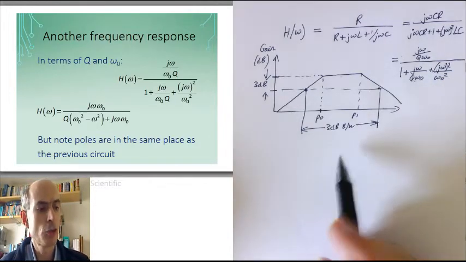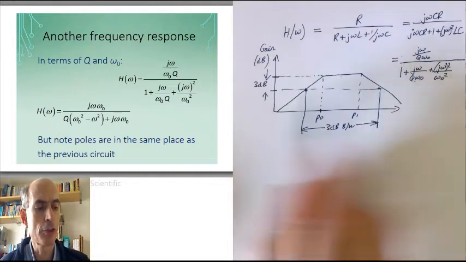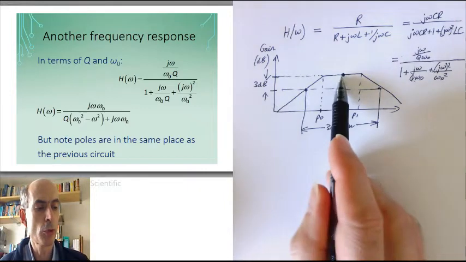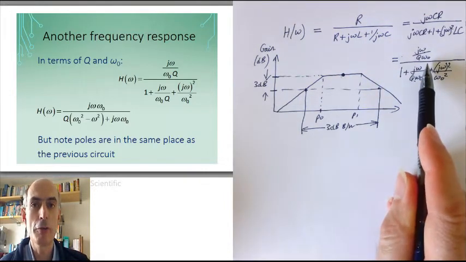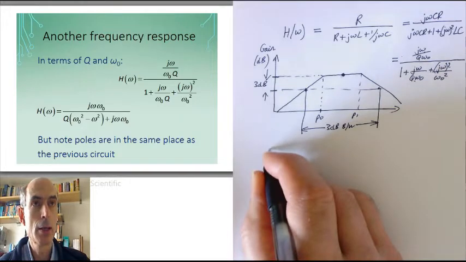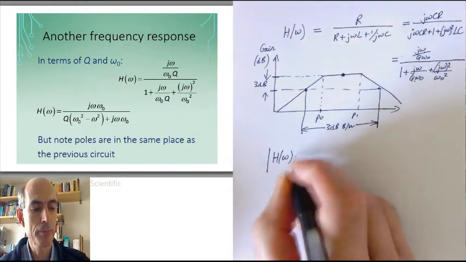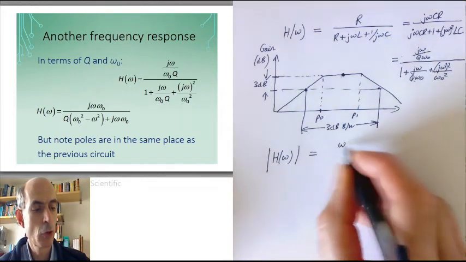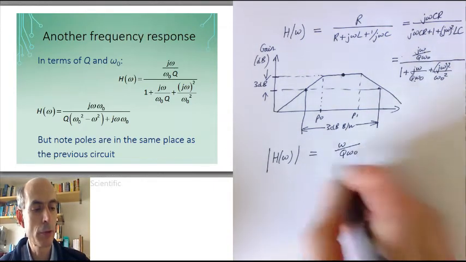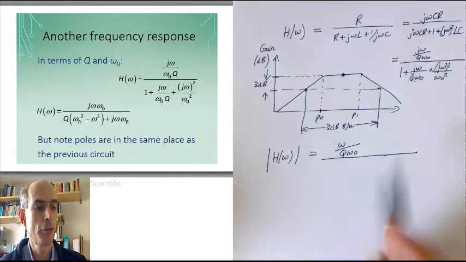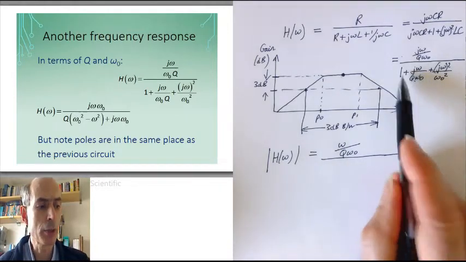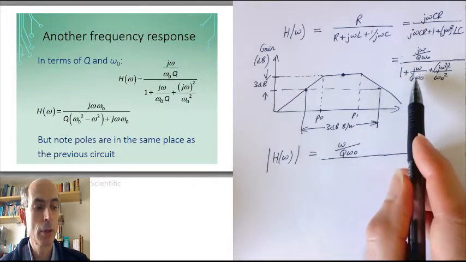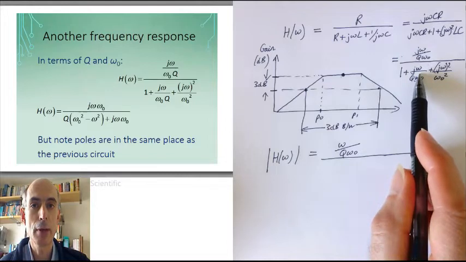First thing we want to know is what is the maximum value of this gain here? Well, that we can do by working out what the amplitude of the frequency response is. And the amplitude of the frequency response is the amplitude of the numerator, omega over Q omega naught, divided by the amplitude of the denominator. And we can apply Pythagoras' theorem here. We just take the square of the real part and the square of the imaginary part and add them together.